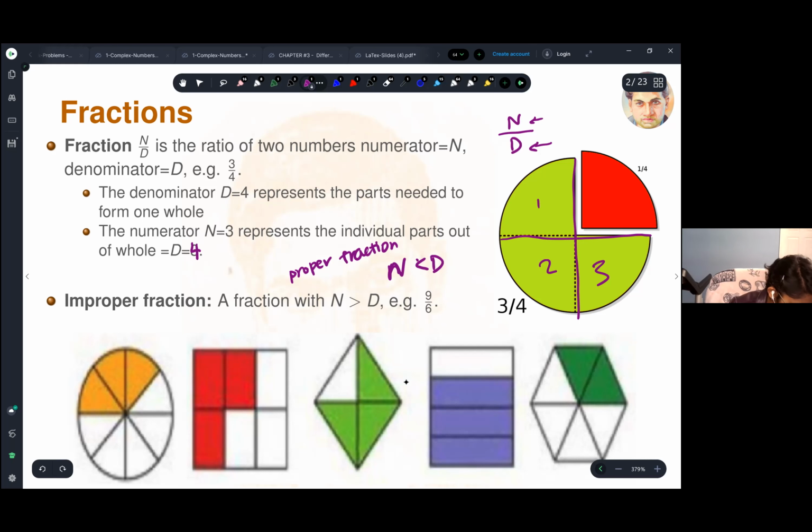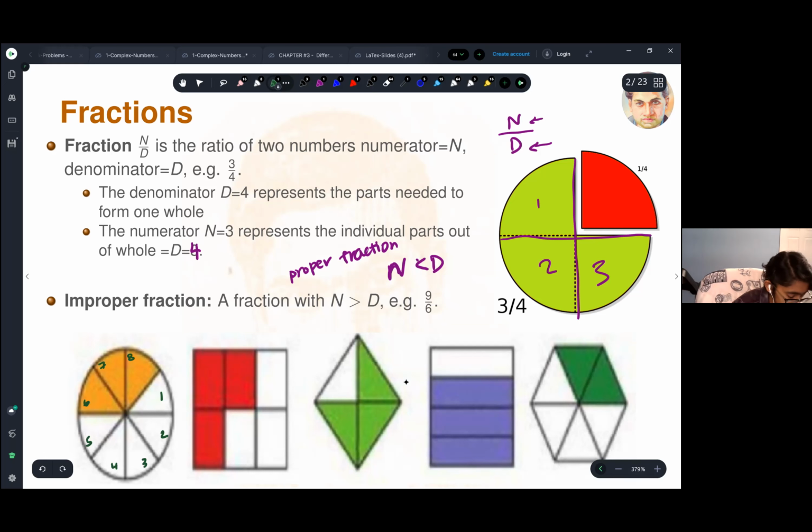Let's look at these diagrams here and talk about what these fractions are. We're going to look at the shaded part. First, let's count the total number of parts. 1, 2, 3, 4, 5, 6, 7, 8.